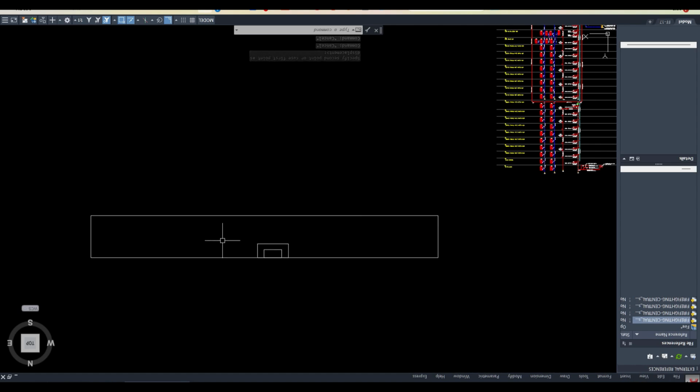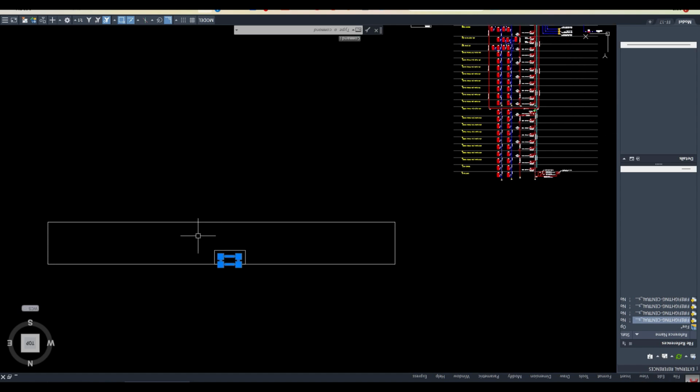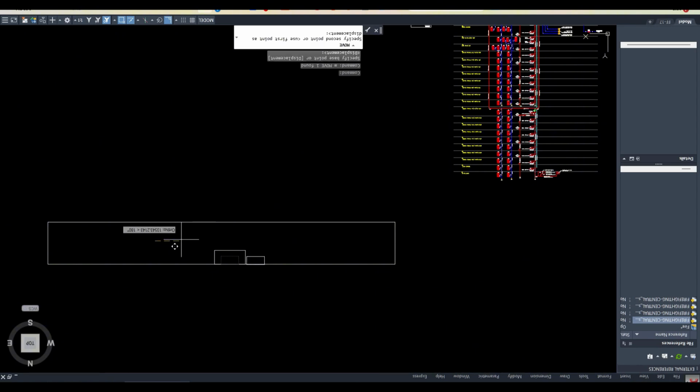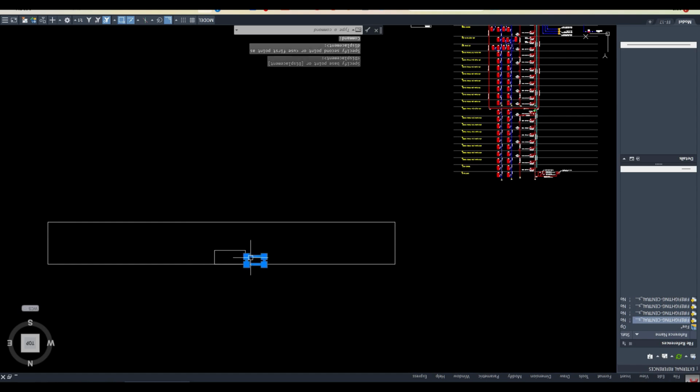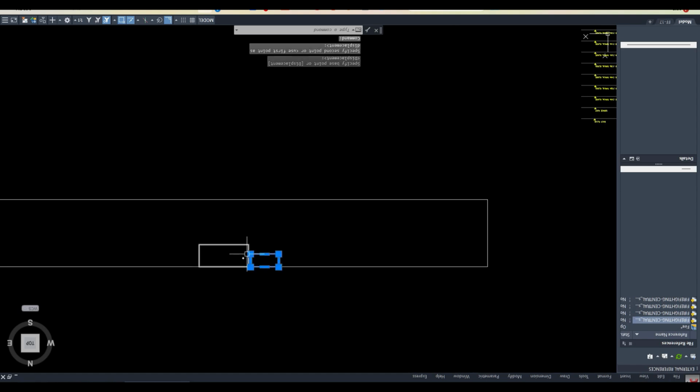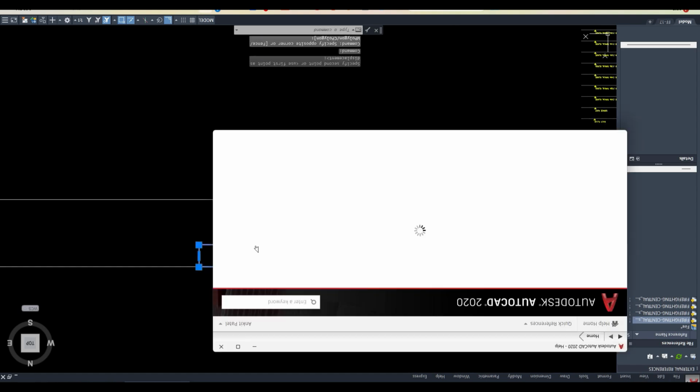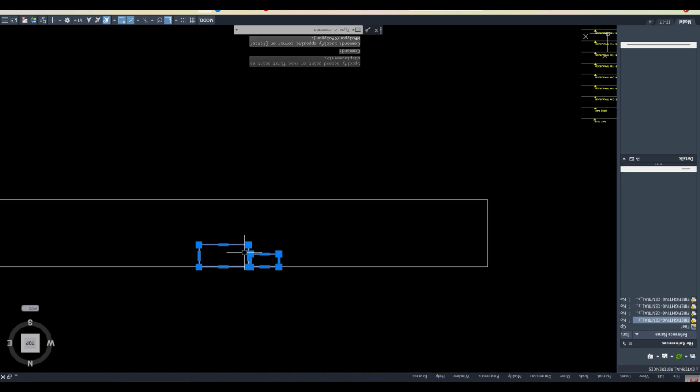Why? Because the firefighting system must be within 5 meter of the staircase. The rule is this: the hose reel cabinet cannot be more than 5 meter away from the staircase.